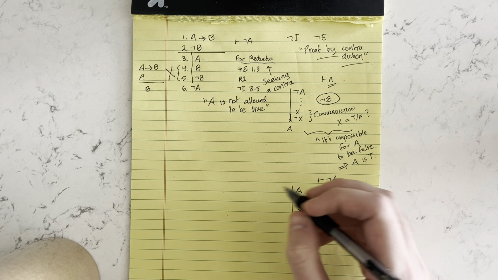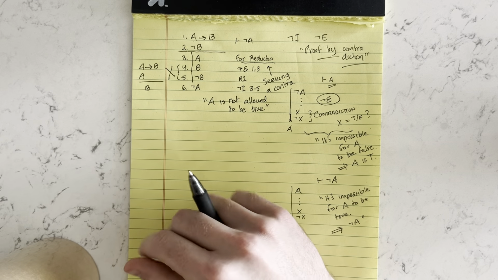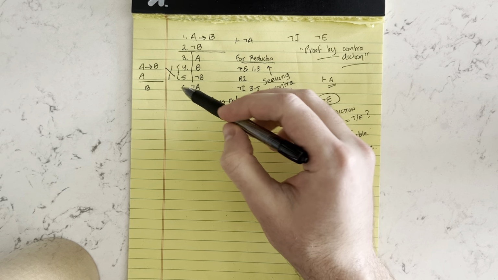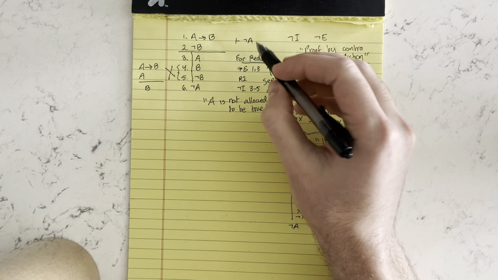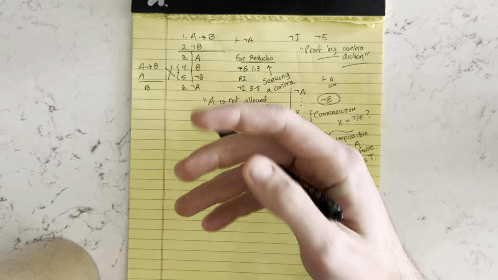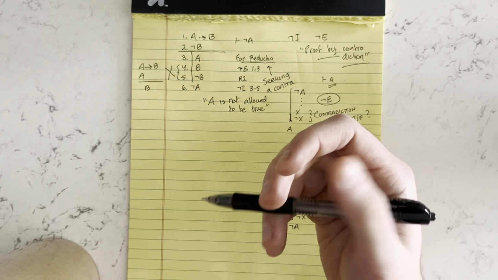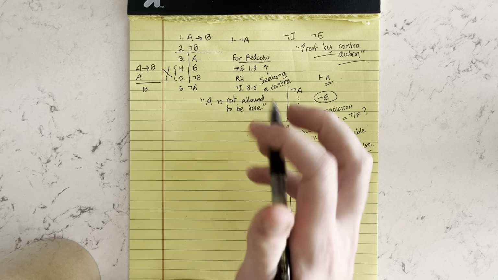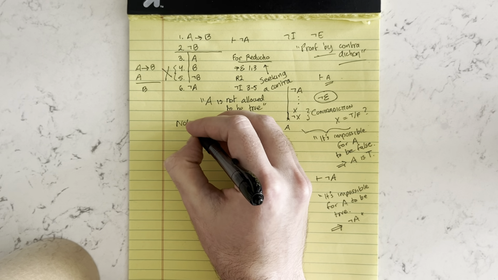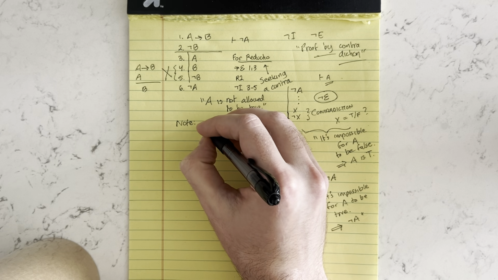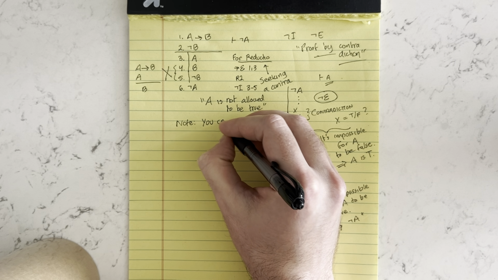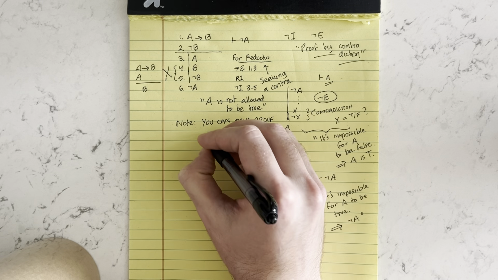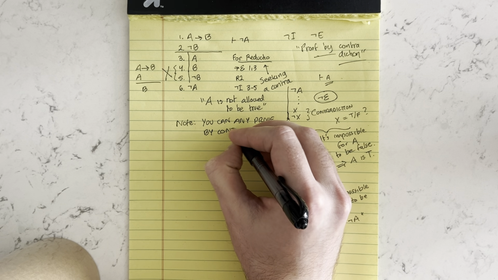Now, if you're learning this for the first time, this may seem like something really exotic and weird, okay? Why would we go through this roundabout way of trying to prove not A by assuming the opposite and trying to show a contradiction? But as it turns out, proof by contradiction is extremely useful, okay? So I'm going to make an important note for you here. Note: you can do any proof by contradiction.